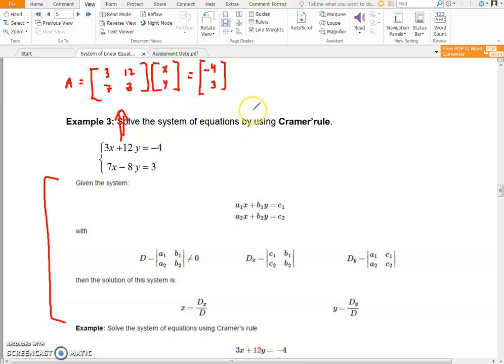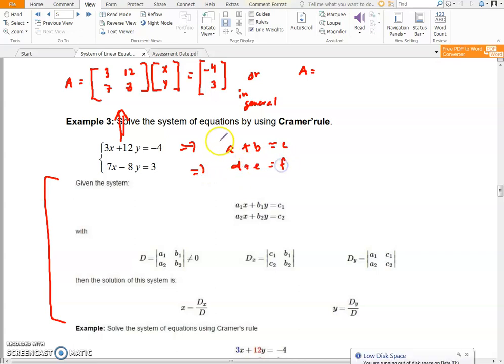Or in general, you can see that, let's say the equations are A x plus B y equals C, and D x plus E y equals F. Let's say you have this kind of equation.